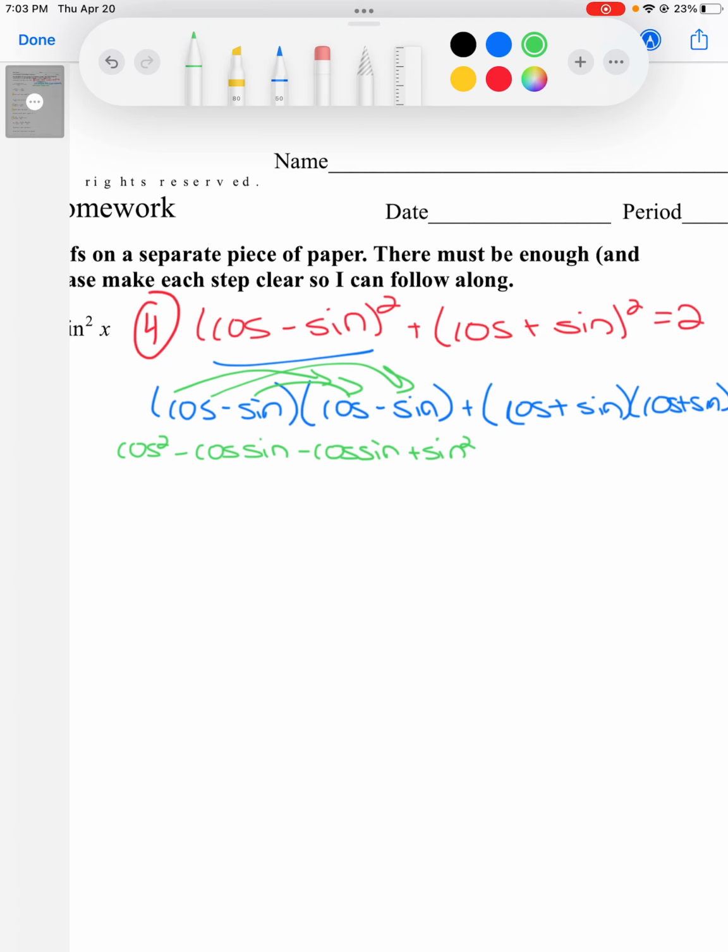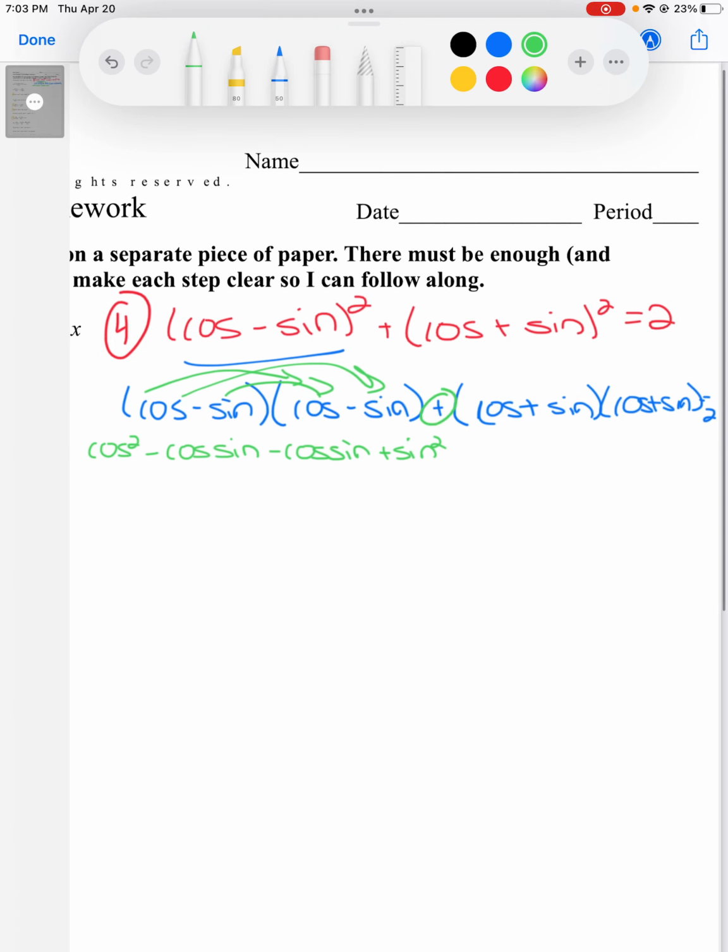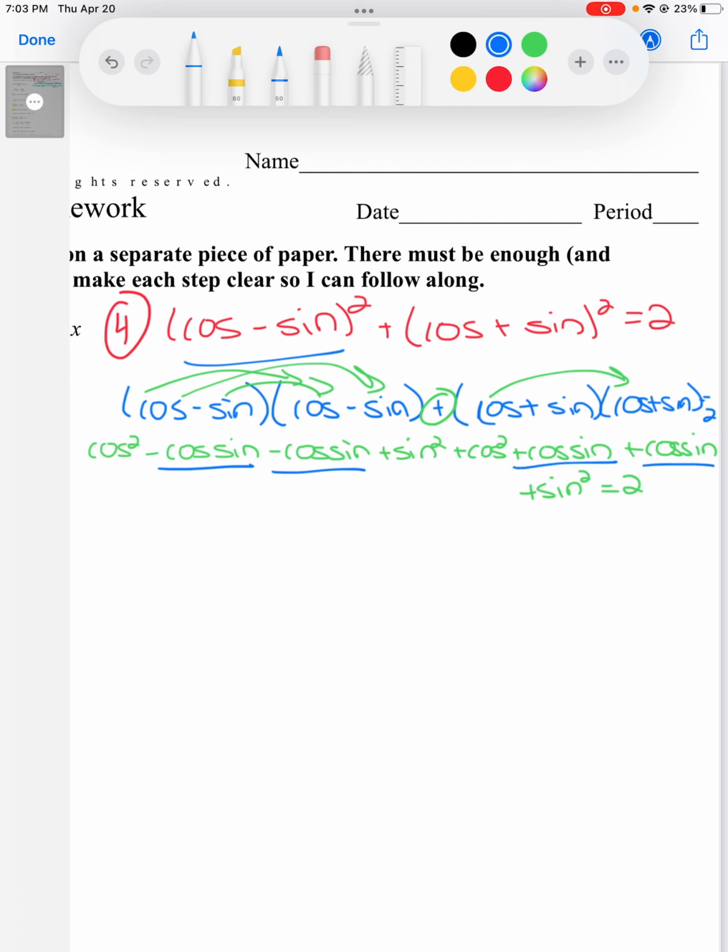Then we're going to have a plus sign here, so plus, distribute again, cosine squared plus cosine sine plus cosine sine, plus sine squared equals 2. Well, I got a negative cosine squared, a negative cosine sine, negative cosine sine, positive cosine sine, a positive cosine sine. So yes, those all cancel out.